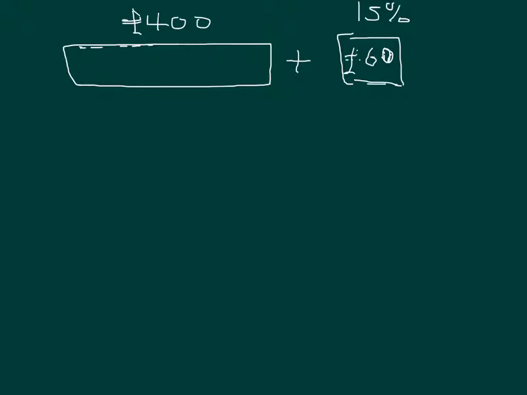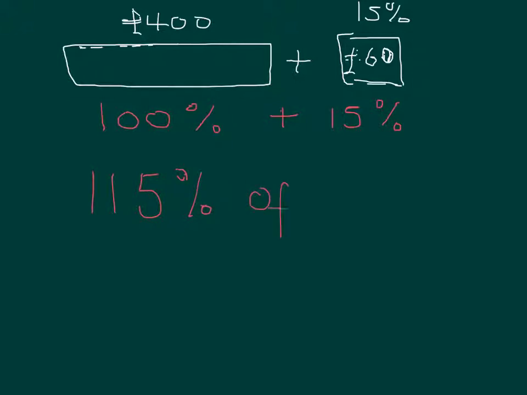Well, our original amount, our £400, is our whole one, the thing that we started with. So in terms of percentages, it's 100%. Now our increase that we've added on was 15%. So really, because we're going to add 100% and add on 15%, what we're saying is we want 115% of whatever it was we started with. In this case, it would be 400.